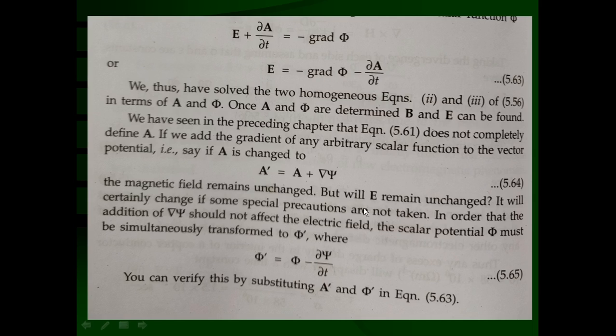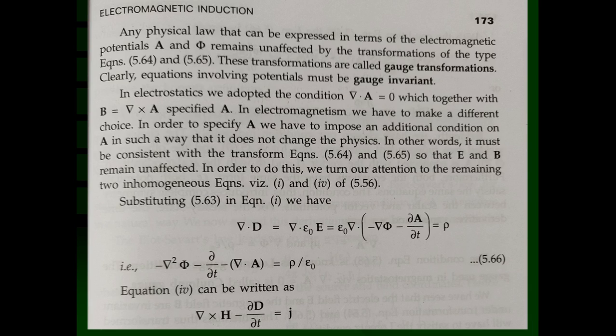And that's why del psi upon del t should be subtracted from phi, and that will be your new scalar potential phi dash. So we have phi dash is equal to phi minus del psi upon del t. You can verify this by substituting A dash and phi dash in equation 5.63.